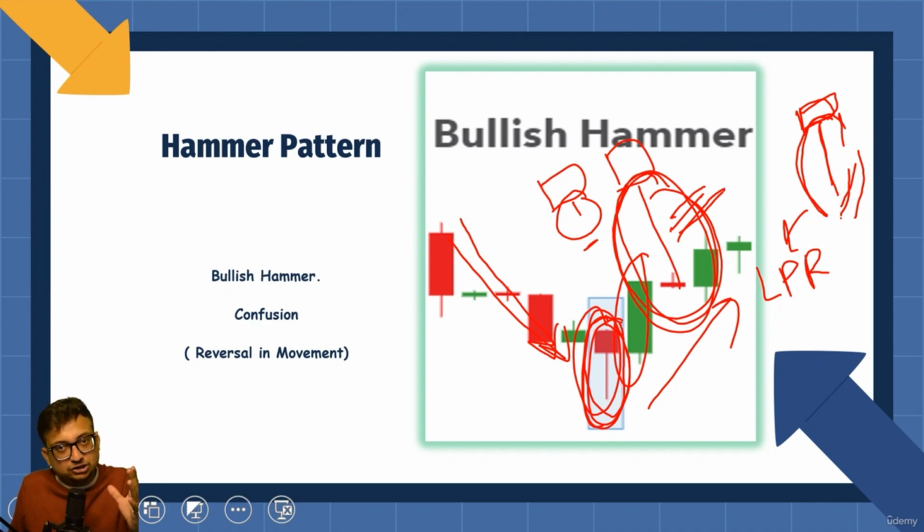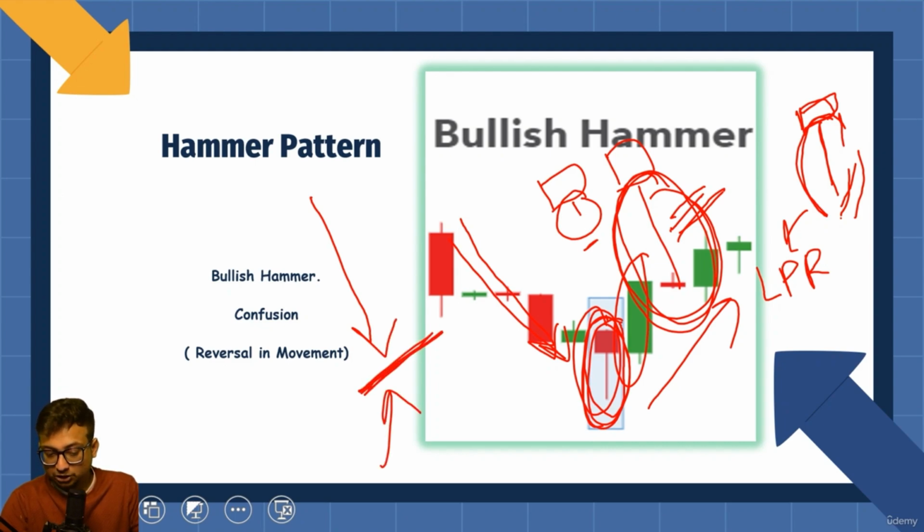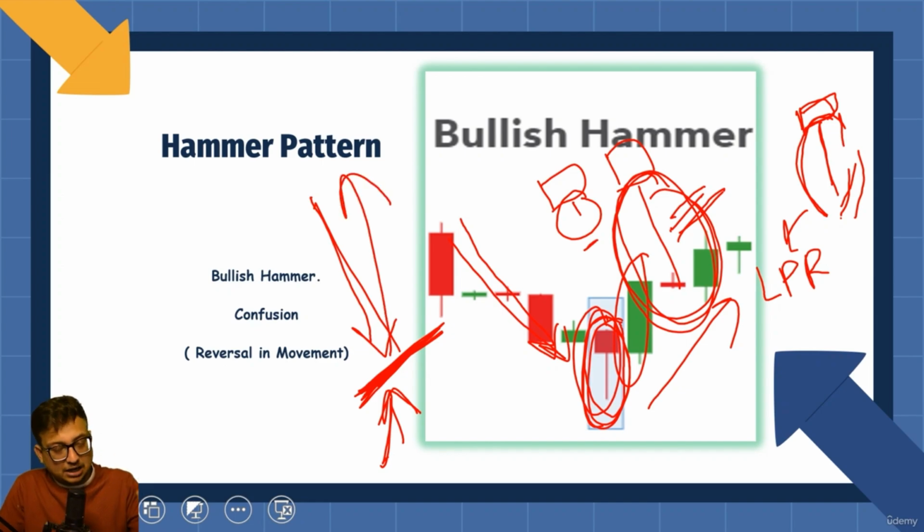What is the meaning of lower price rejection? That the price got a rejection from a very lower level. The price wanted to go like this, but it got a rejection from here because of the bull's pressure. Because of the bull's pressure, the price got a rejection from this particular price level. So the market went upward. The market wanted to go like this, but it did not, because there is a bullish pressure.